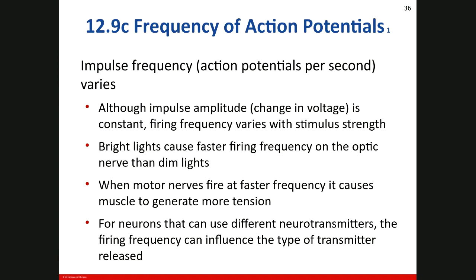A brighter light initiates more nerve signals to be relayed from the eye along the optic nerve to the brain, and a loud sound can initiate more nerve signals to be relayed along the vestibulocochlear nerve, which I will talk about later for you, from the inner ear to the brain. The brain then interprets the increased frequency of nerve signals as a more intense stimulation. In addition, increased frequency of action potentials relayed along a somatic motor neuron to a skeletal muscle increases muscle tension.